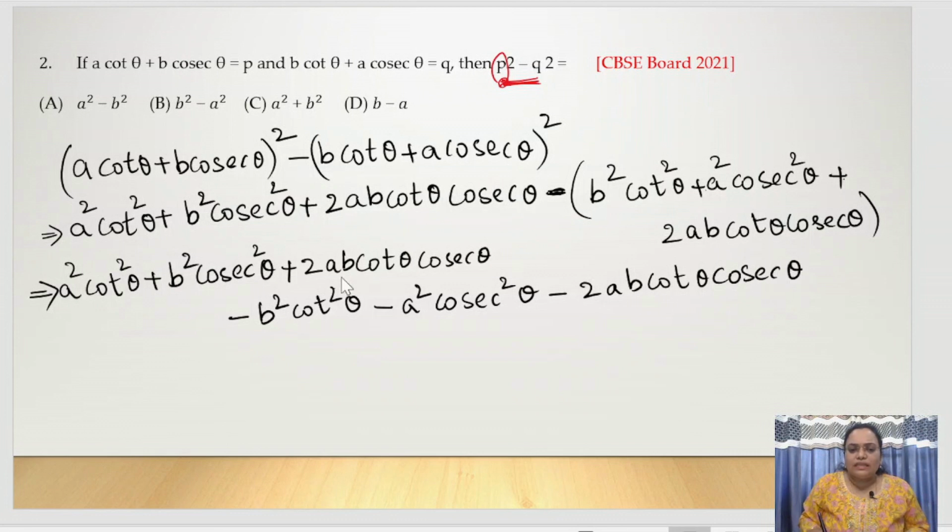Now see here, 2AB cot theta cosecant theta and minus 2AB cot theta cosecant theta will get cancelled.